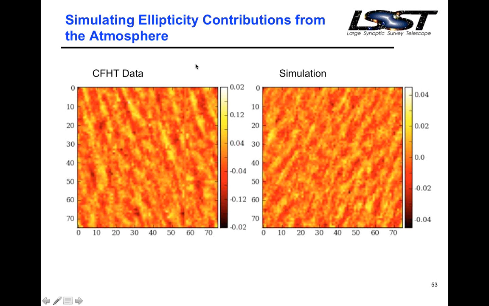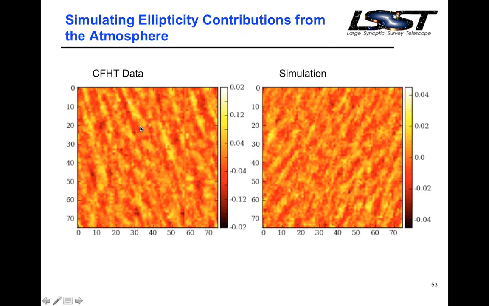Scientifically, one of the things we've been doing is looking at what will be among the most sensitive measurements made with LSST, which will involve weak gravitational lensing. And there you worry about what are the ellipticity contributions that are introduced by the atmosphere using a ground-based telescope. So this shows real data of ellipticity with its sign in one of its 2 components as a function of position in the field.